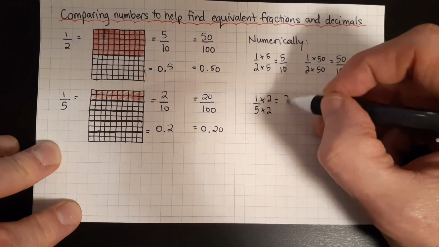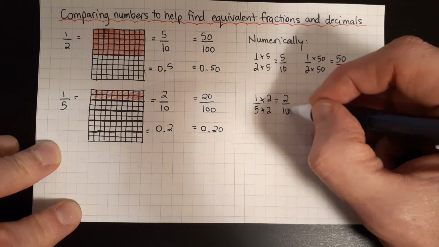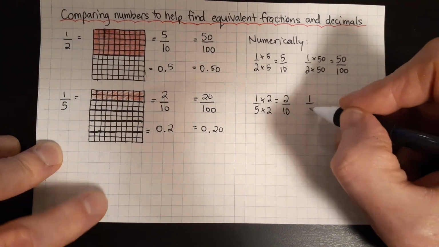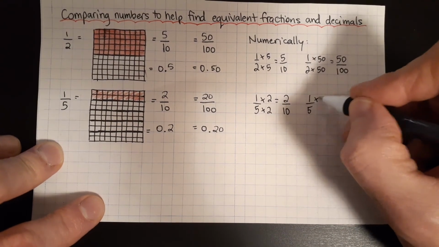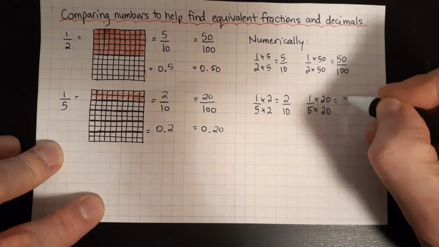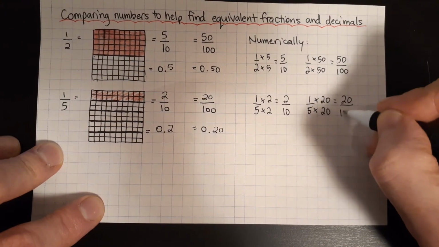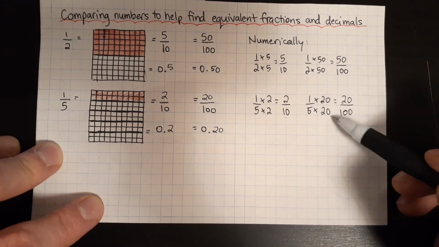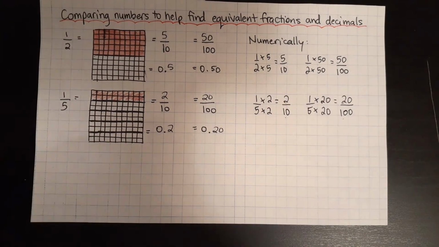So 1 times 2 gives me 2, and then 5 times 2 gives me 10, so I can show here that 1/5 is equivalent to 2/10. Likewise, if I have 1/5 and I multiply it by a factor of 20, then I get 20 over 100. So again, showing that 1/5 is equal to 2/10 and that 1/5 is also equal to 20 over 100.